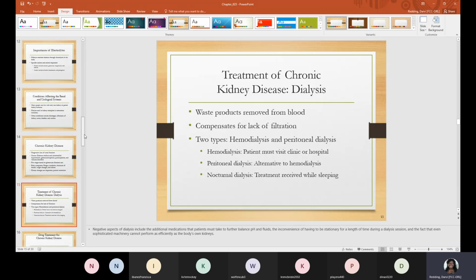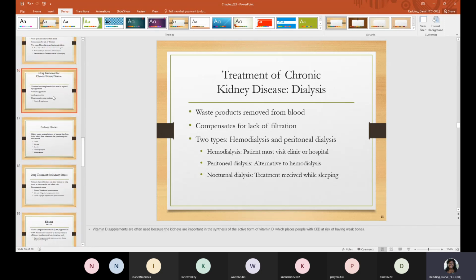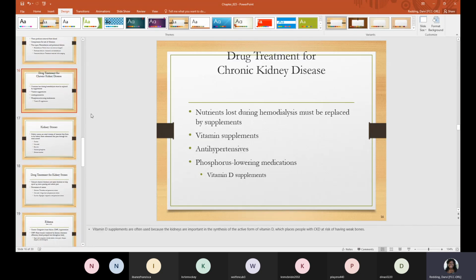So some drug treatment for patients who experience CKD outside of dialysis. You have to remember the nutrients are lost during hemodialysis, and they must be replaced by supplements. So some of the medicines that a person would take if they're on dialysis would include vitamin supplements.